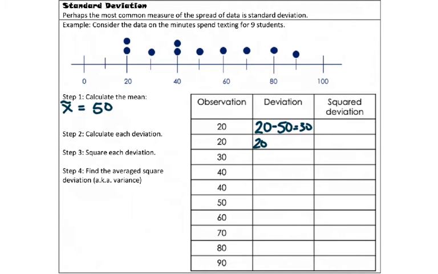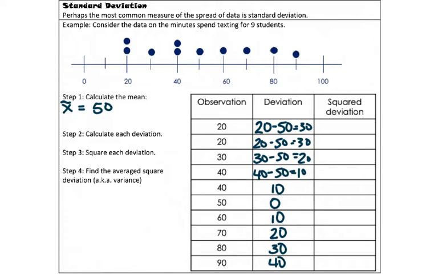The next one, 20 minus 50, 30 again. 30 minus 50, I get 20. 40 minus 50, I get 10. I'm going to go ahead and do the rest of these. It's how much it has deviated from the mean that you're finding. So deviation is observation minus the mean. This is how you get it.